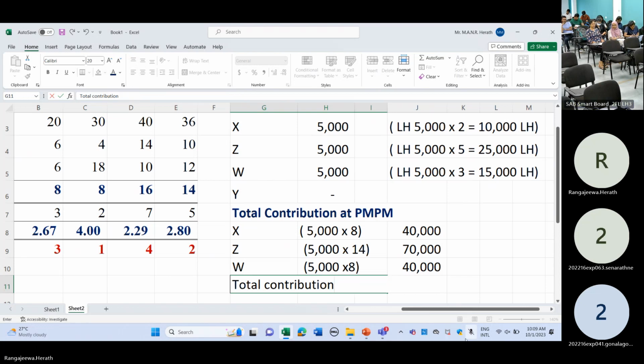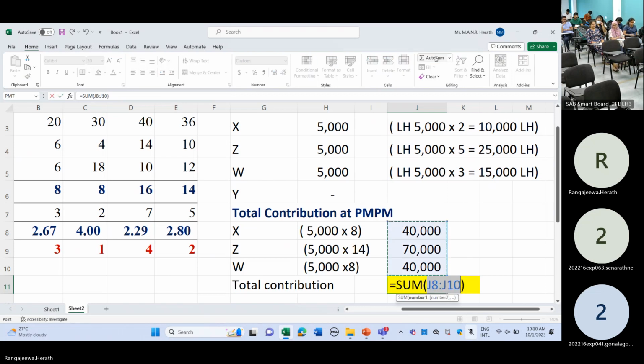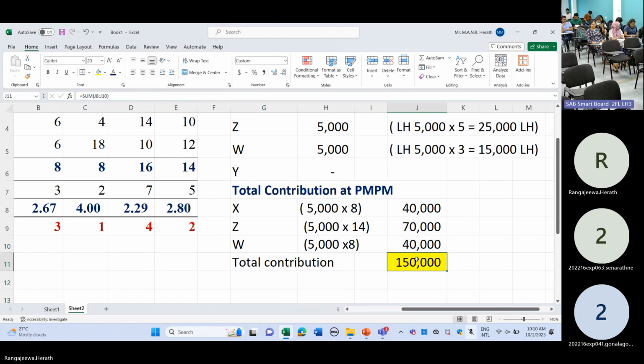Total contribution. So in this particular business, this is the maximum contribution they can earn per month based on the given scenario where the labor hour is the limiting factor.